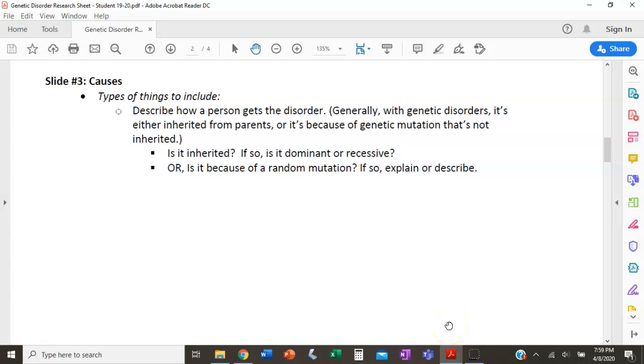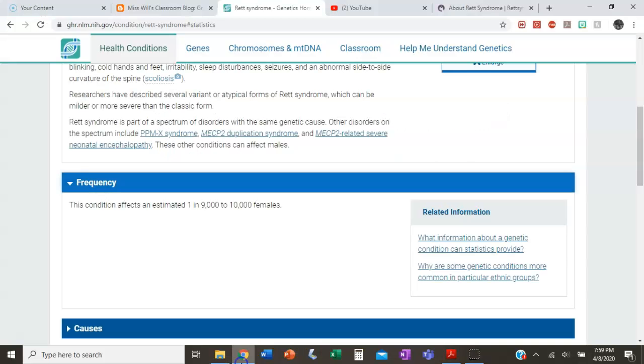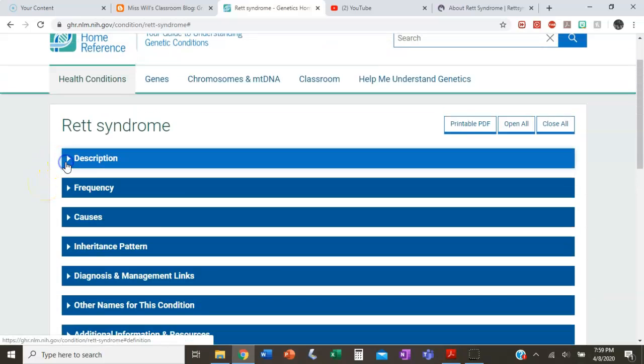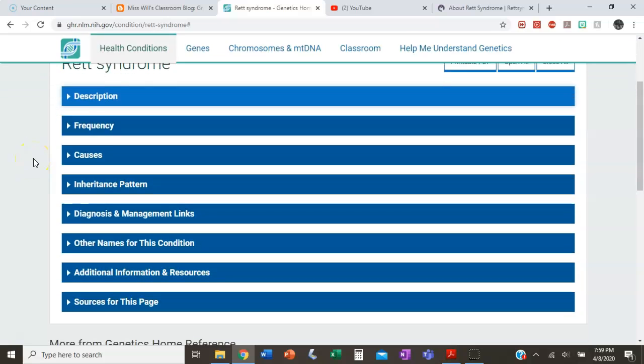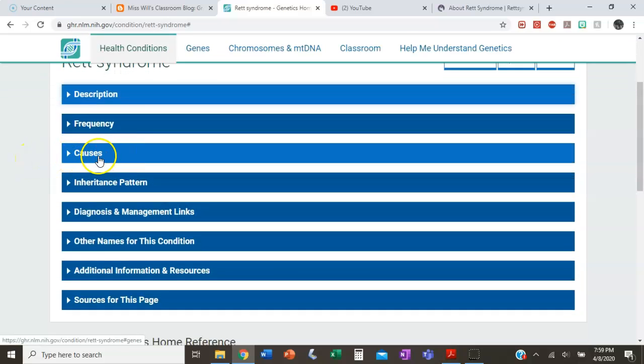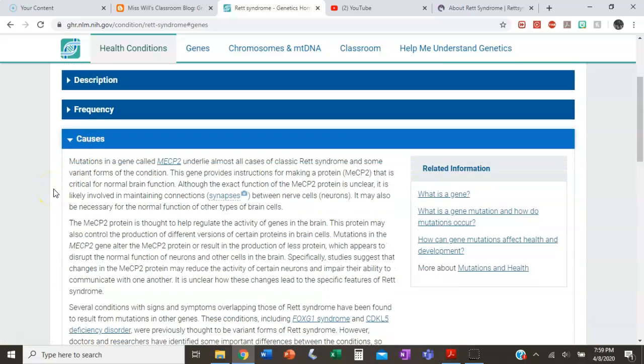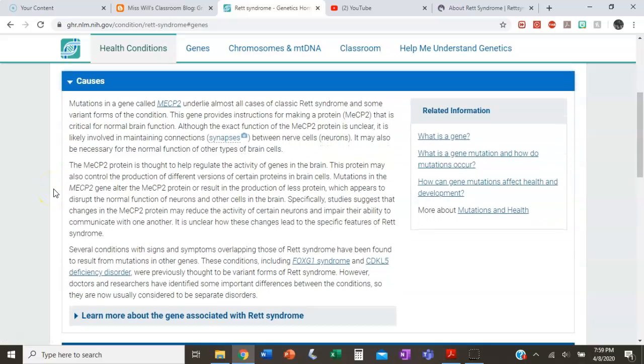So if we go back to our websites again, I'm going to close the frequency part so I don't have to keep scrolling through that. I'm even going to close the description for right now, and you'll see that there's a place here called causes. So we're going to click on that. Now, if we read through this, we're going to find that there's a lot of technical stuff here, but we want to look for some keywords.